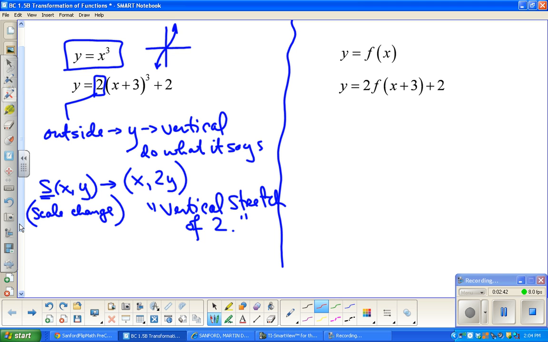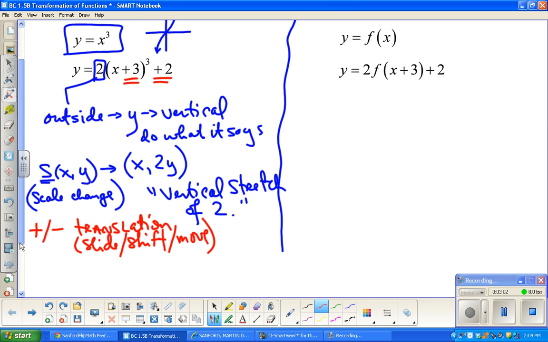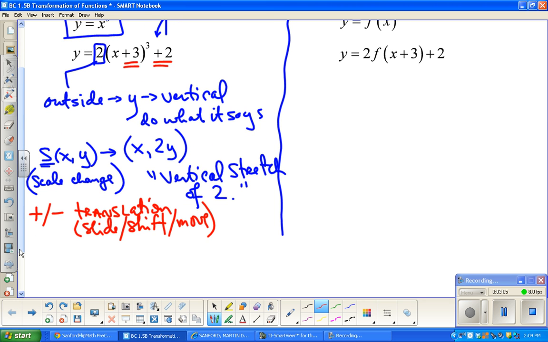Anything that's about addition or subtraction is a translation. In other words, a slide or a shift or a move, or any other word that means the same thing. And anything that's inside is about x, it's horizontal, because it's about x, and you do the inverse.